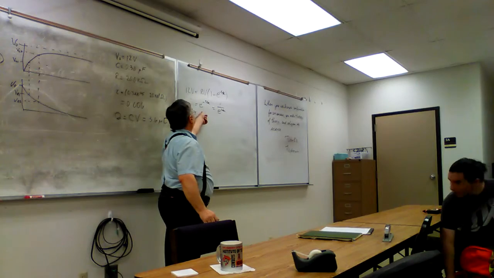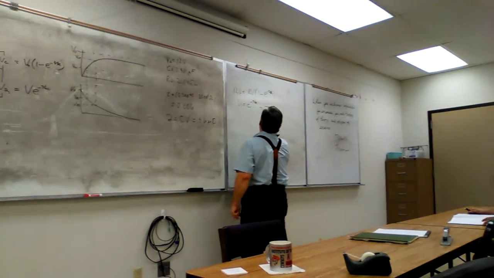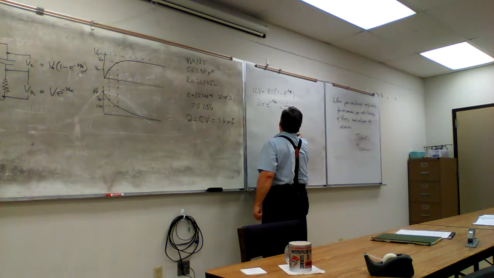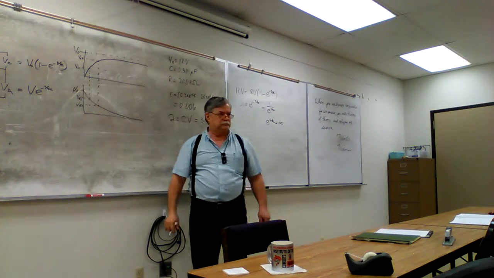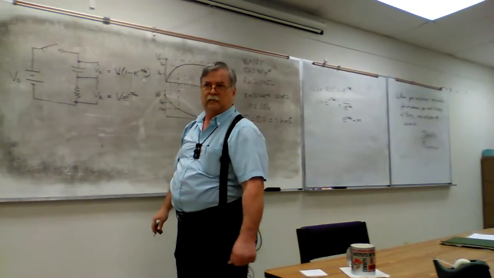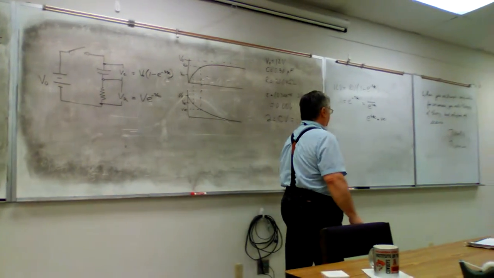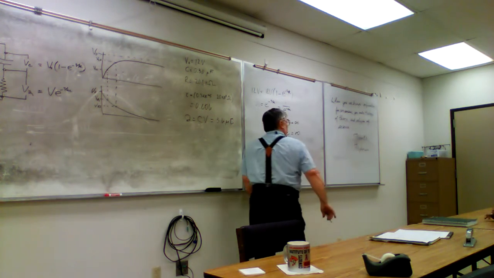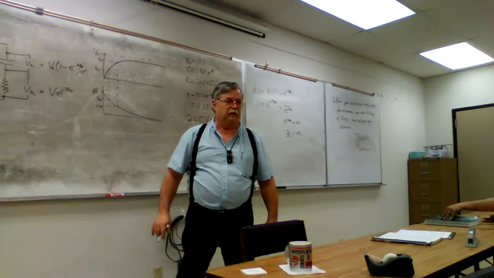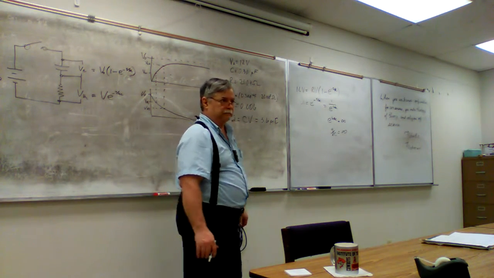That equals 0 when e to the t over RC equals infinity, which means when t over RC equals infinity, then it will have the maximum, the full 12 volts across the capacitor.